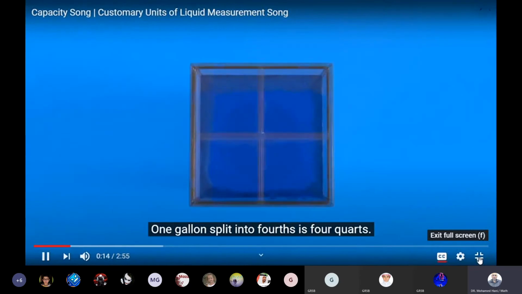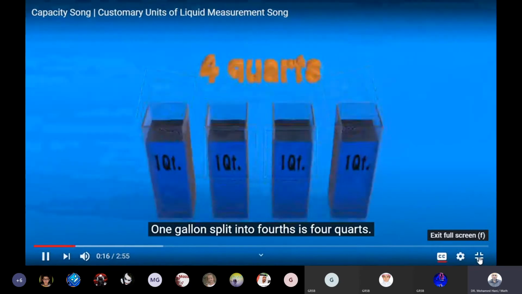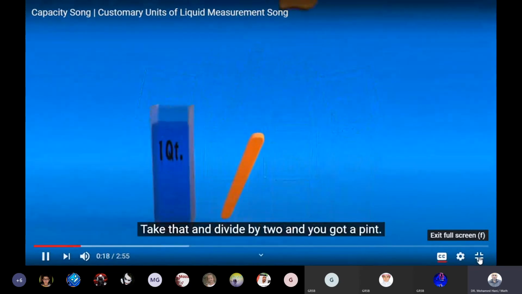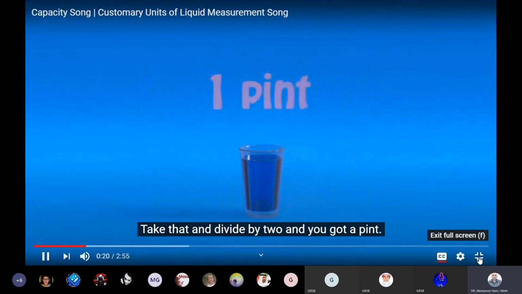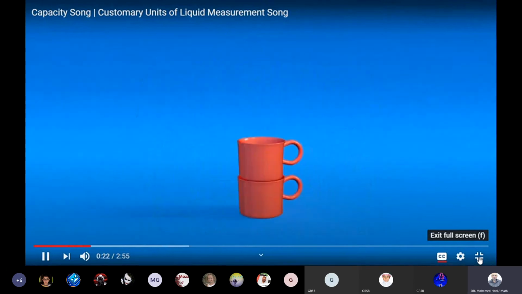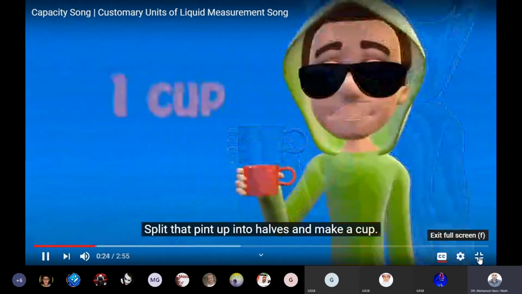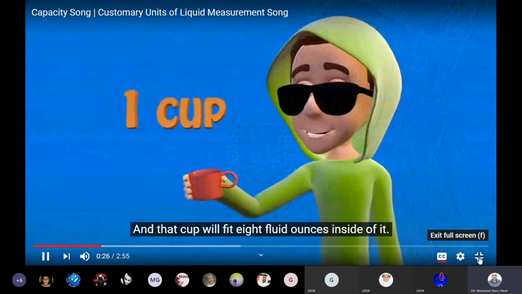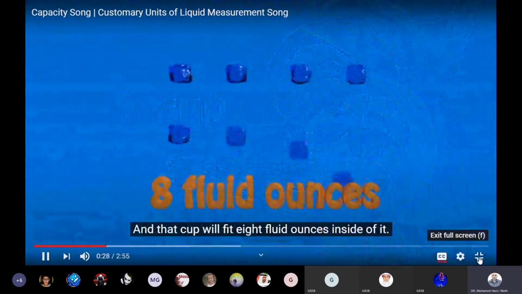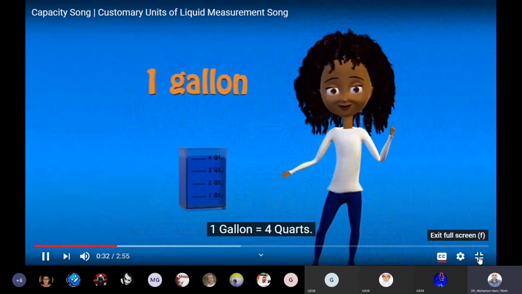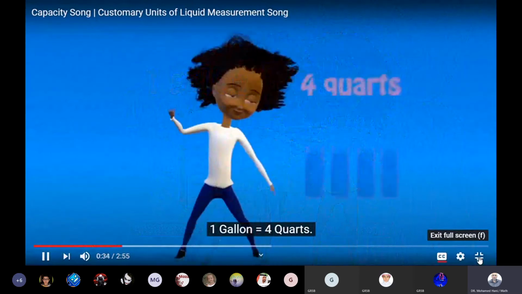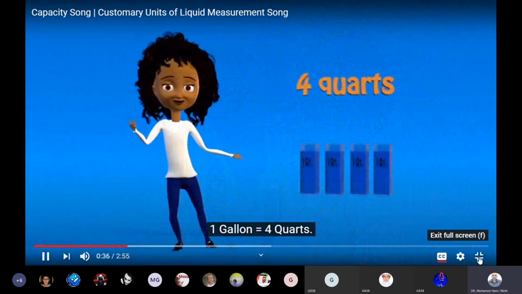One gallon split into fours is 4 quarts. Take that and divide by 2 and you got a pint. Split that pint up into halves and make a cup. And that cup will fit 8 fluid ounces inside of it. 1 gallon is 4 quarts.